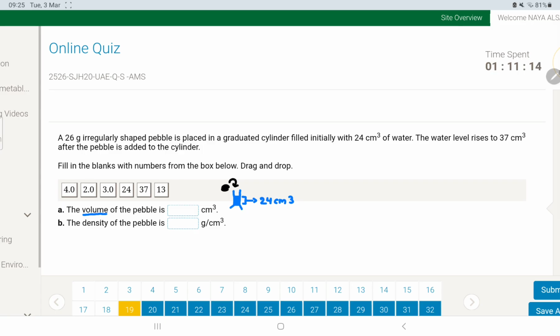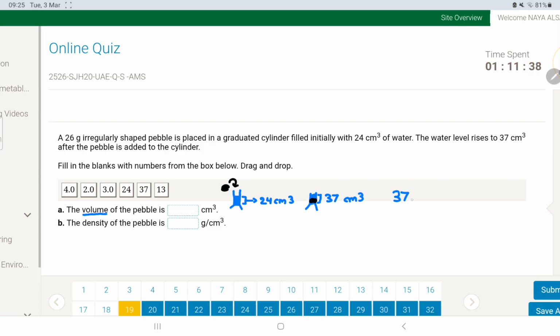What happened to the water level? It rose to, let's say up here. So now it's 37 centimeters cubed. When did it turn to 37 centimeters cubed? After the pebble was in. Okay? So what do we do to find the volume?